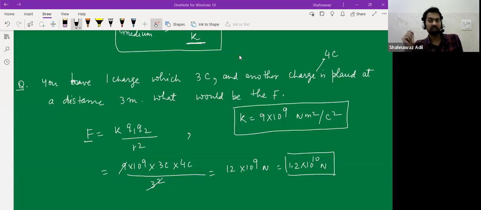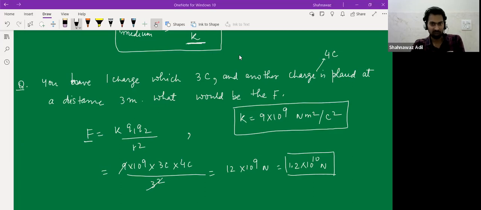Now what happens when you place multiple charges, right? Then you will have to use the superposition principle, and we have to calculate the force due to all the individual charges, and then we will use the vector addition property, right? So in the next class, I will be talking about the vectors.